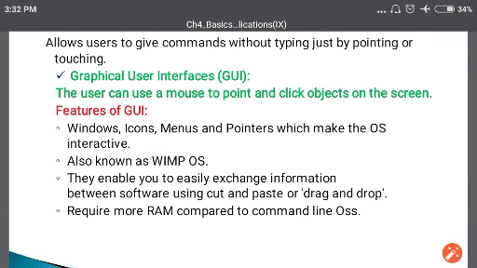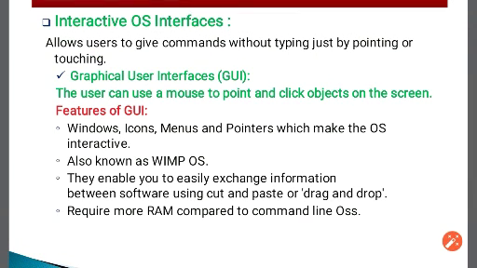A graphical user interface basically lets you use a mouse to point and click objects on the screen. Now let us look at its features: windows, icons, menus and pointers are the basic things of a graphical user interface, which make it interactive.